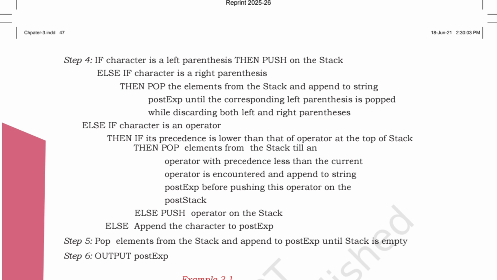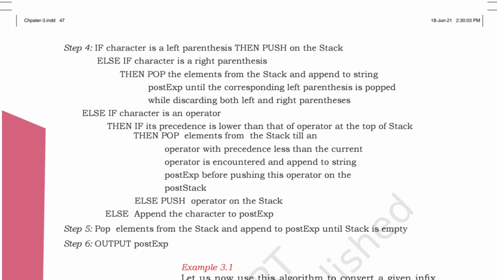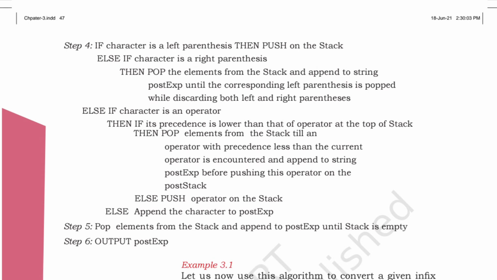Firstly it is the right parenthesis, then you consider the operator. If its precedence is lower than that of the operator at the top of the stack, then over here, if the lower precedence is there, among plus, multiply, minus, divide, the lower one is plus and the higher one is multiply.